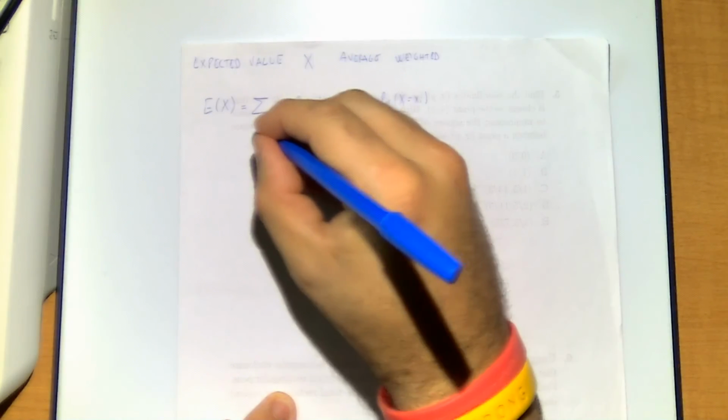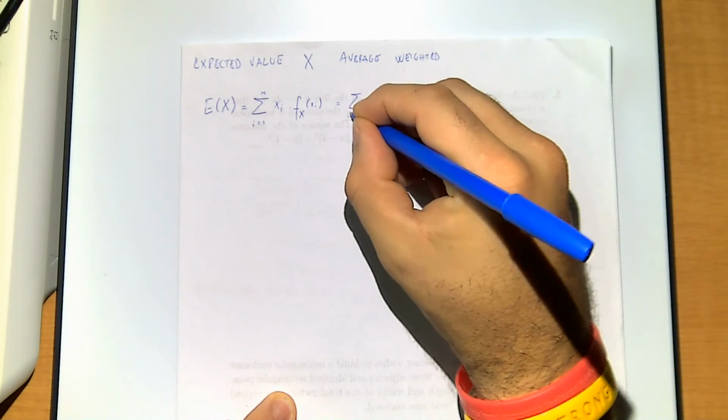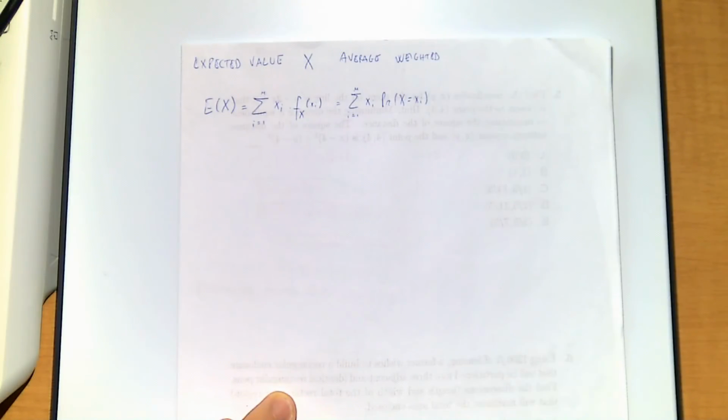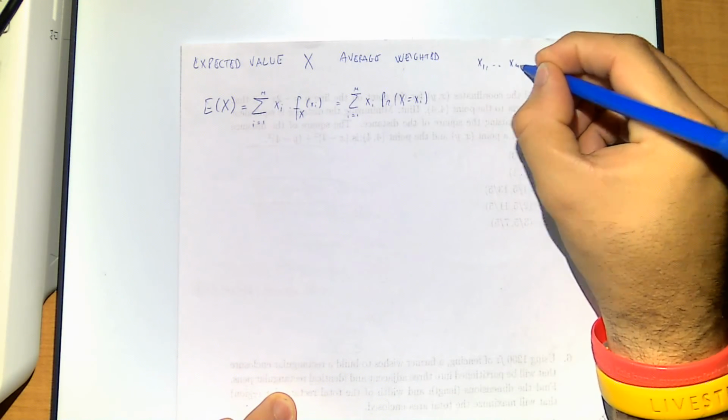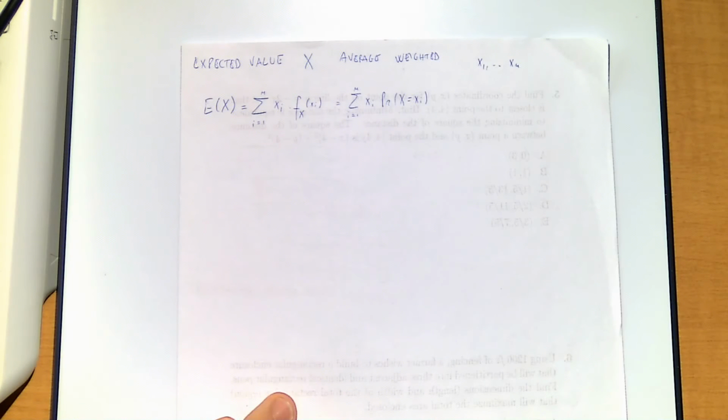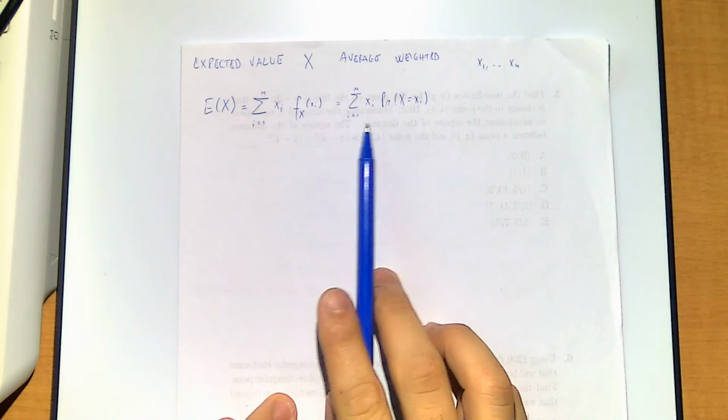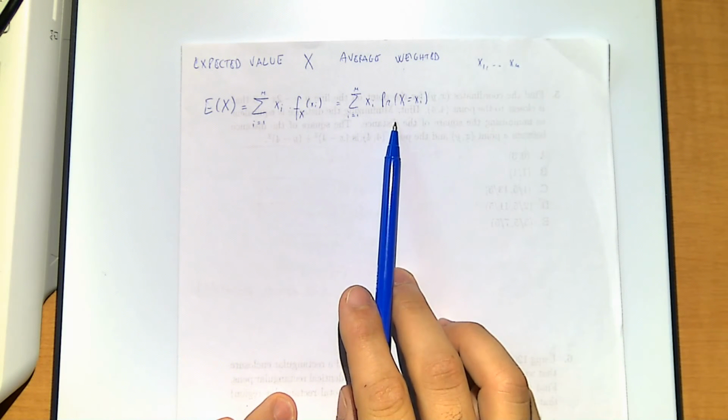All these sums go from 1 to n, assuming that my random variable can take n different values. So I'm assuming that x can take the values x1 to xn, which is the case in a lot of situations. So you see, it's like a weighted average. Sometimes also called the mean.